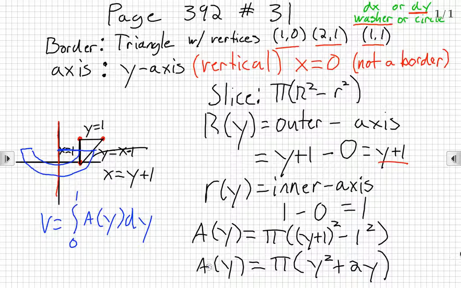This could be evaluated with antiderivatives, factor out pi, and then just 2 simple antiderivatives. In the interest of time, let's just say that this represents our volume, and this is our main goal, writing an integral expression to capture volume. That's number 31 from page 392.